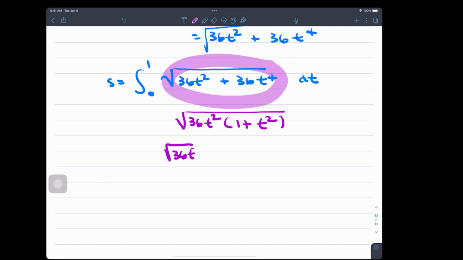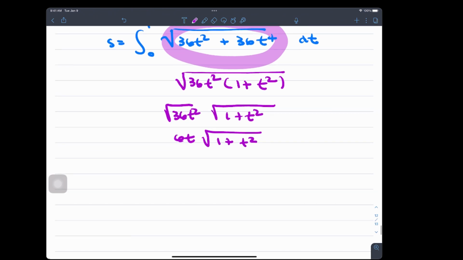Square root of a product is product of square roots. So this is going to be 6t square root of 1 plus t squared. Okay? So your arc length will be 0 to 1, 6t square root of 1 plus t squared dt.